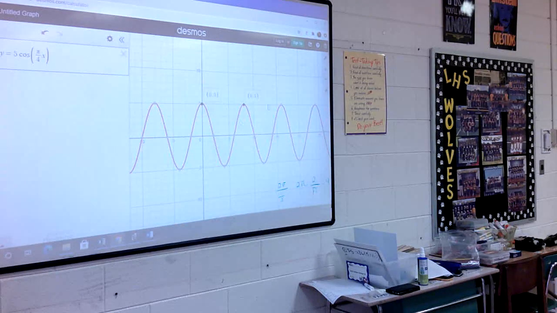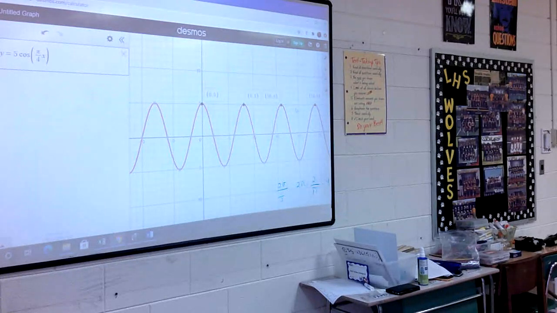It would take 8 until it repeats. So you see for every 8, you see a repetition there. The amplitude is how high and how low it goes, so that's 5. And the B is pi over 4, and the period is 8.